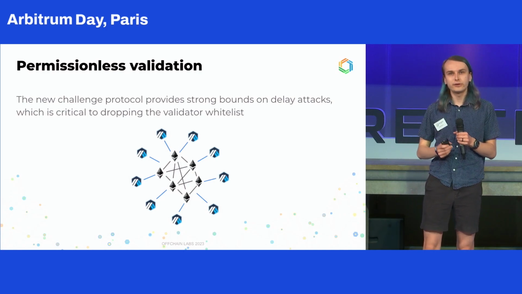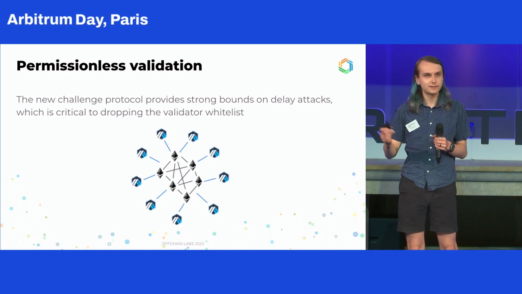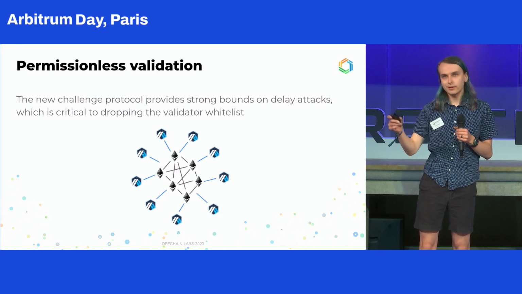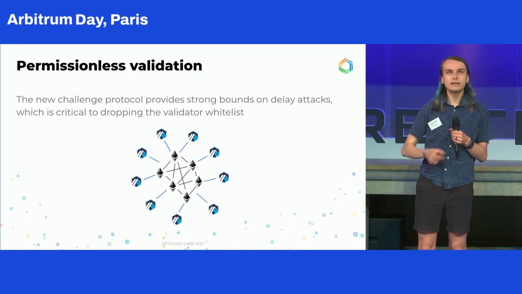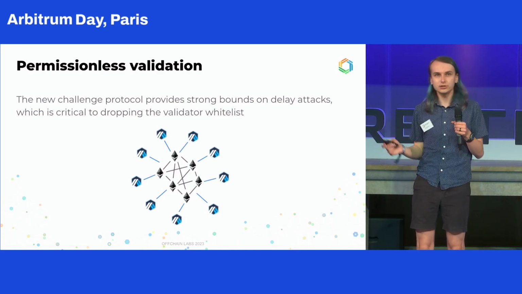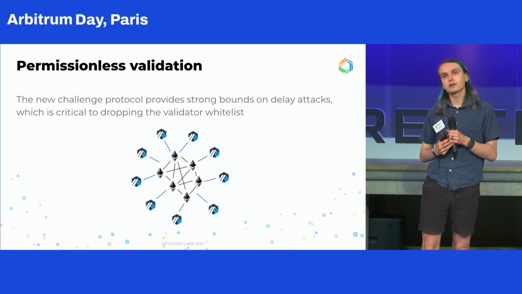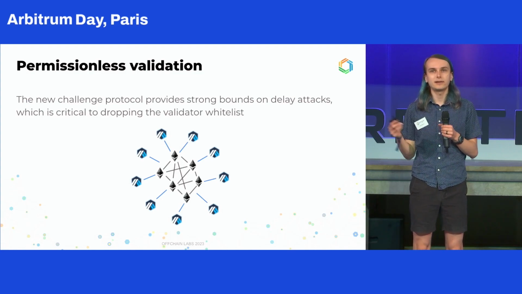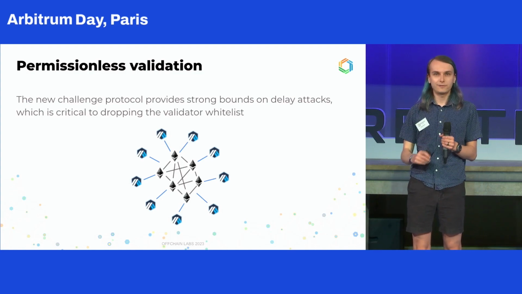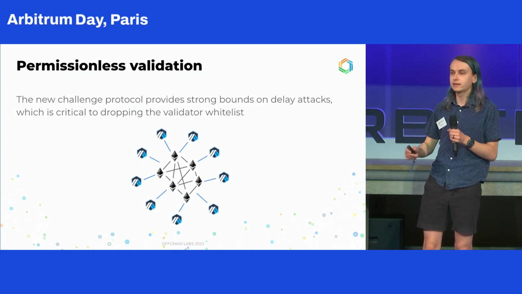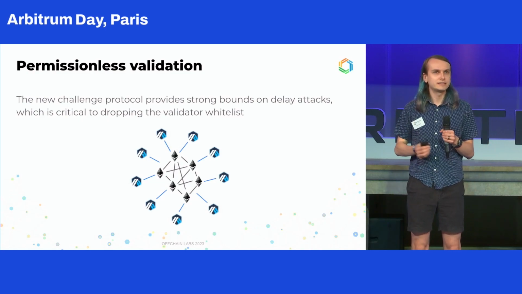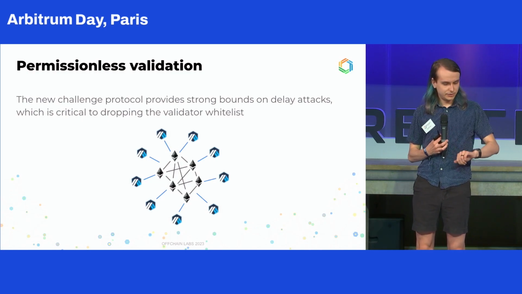You don't want the chain to just be constantly delayed and withdrawals aren't going through because someone is just issuing these challenges that they will eventually lose, but the key word there is eventually. And the new challenge protocol provides strong bounds on delay attacks, which is very important for permissionless validation, where anyone can come in and be that one honest validator, even on your own computer.